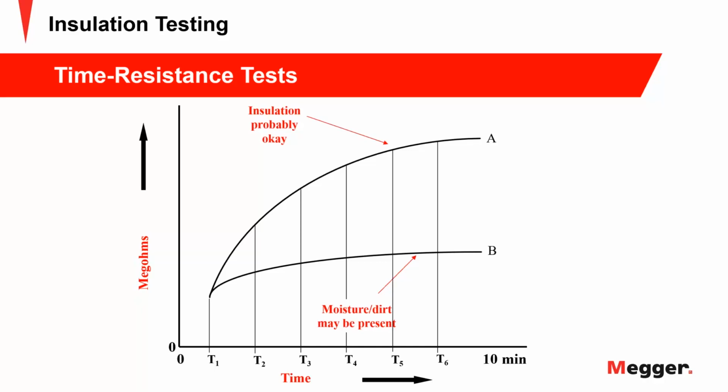Regardless of what the reading is, that's telling you that leakage is fairly prominent, and you might want to take this offline and dry it out, clean it up, whatever, do some preventive maintenance. The top line, you don't worry about it because it's rising nicely. What you're seeing are charging currents, which are not really a problem.